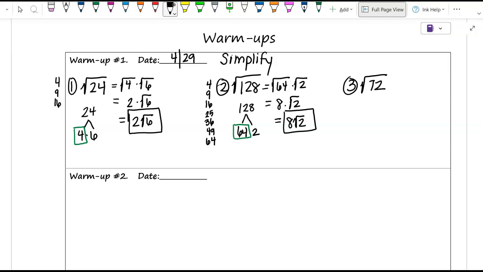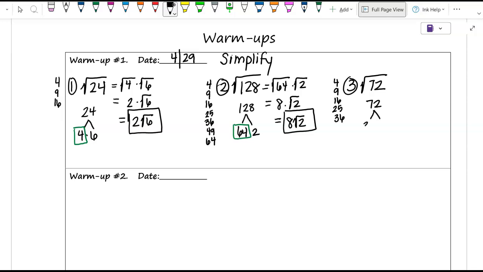And then the third one, the square root of 72. Again, if I'm looking at 4, 9, 16, 25, 36 would be the largest one that I could look at, because any of the other ones, even if I doubled them, would be larger than 72. So what is the largest number there that goes into 72?